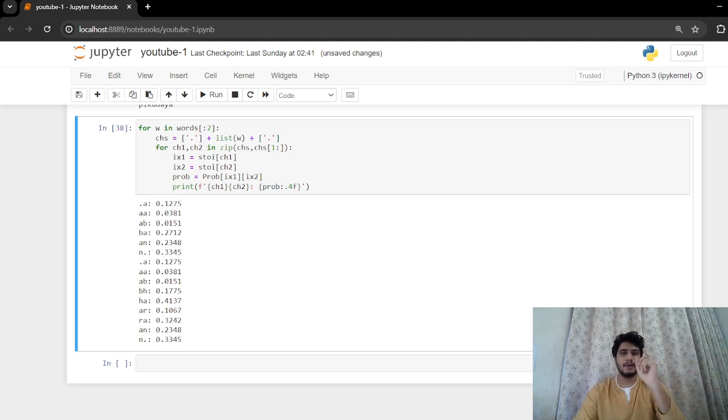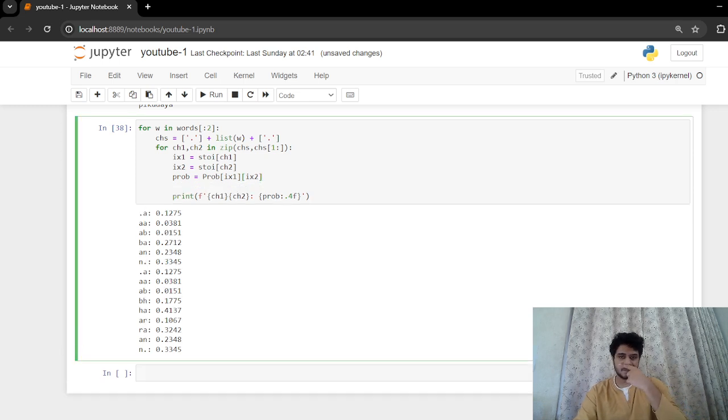Now we need one number to understand the quality of that model. This probability is okay, but how do we know that our model is well trained on all of the text, or let's say all of the multiple predictions? So we need some kind of a loss. Now, one thing which comes to my mind is we can have a loss.